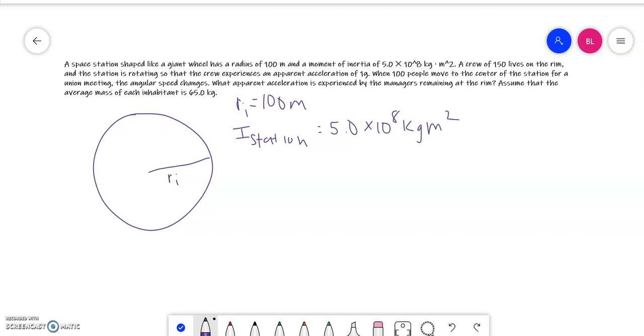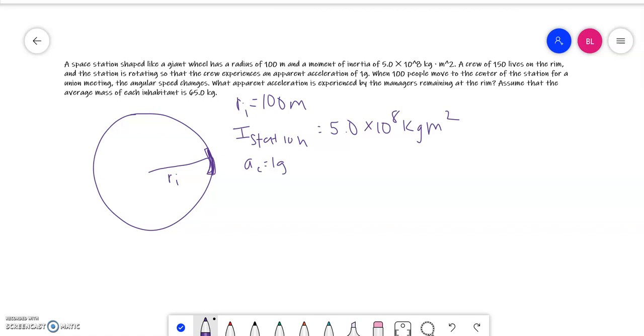And we know that 150 crew members live on the rim of the station, and they experience an acceleration equal to 1g.